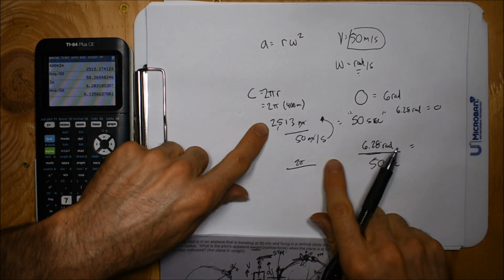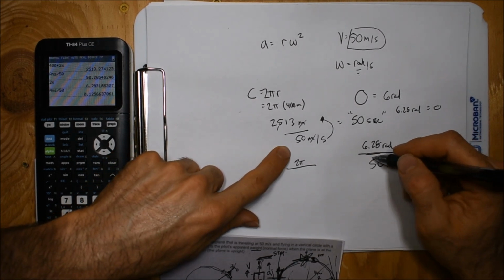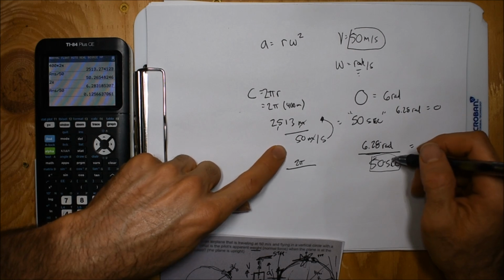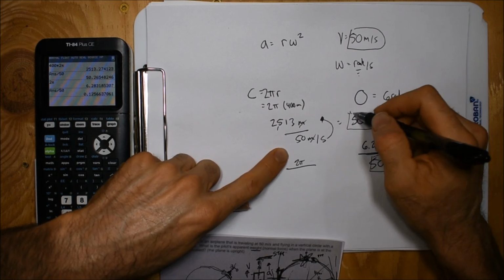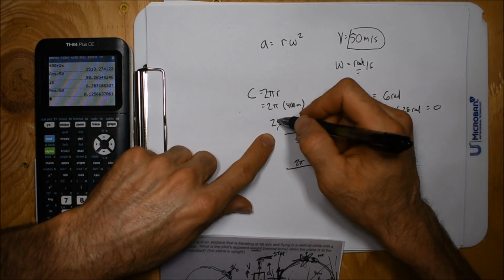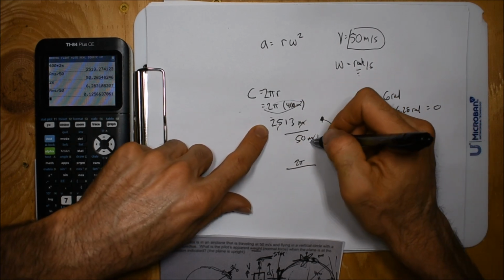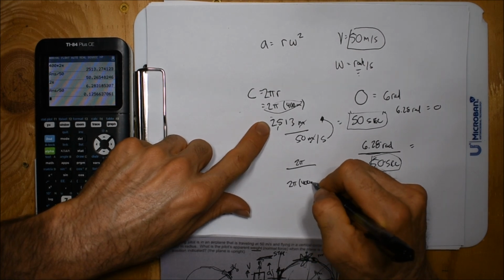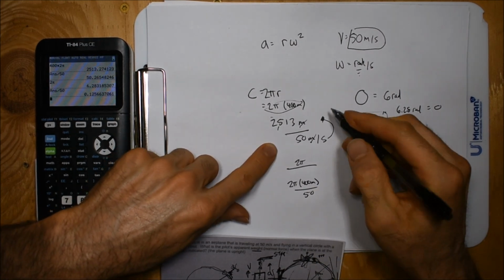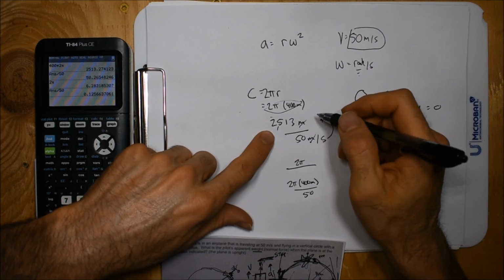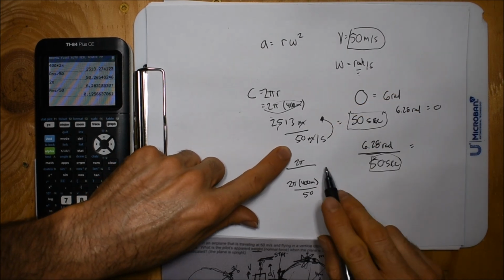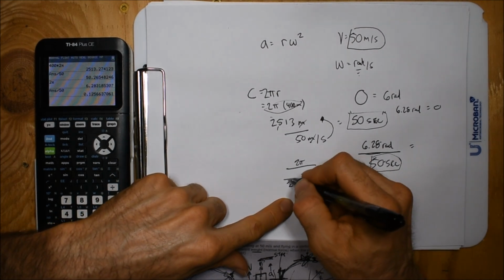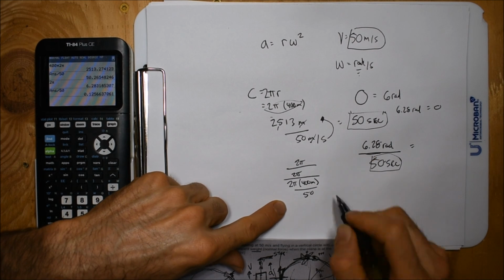Interesting, because we got 50 right here, and how did we get this 50 seconds? We did this divided by 50. So you go 2 pi times 400 meters divided by 50, and then you do 2 pi divided by that.